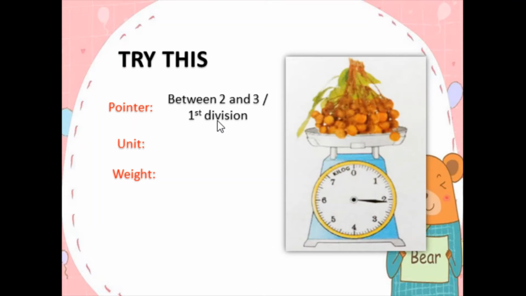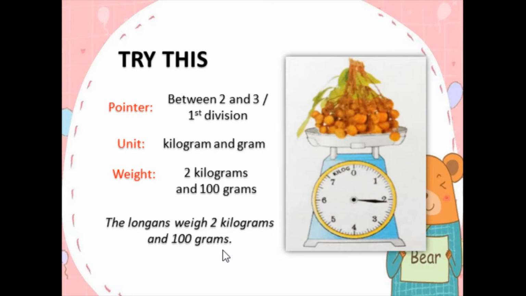Now, what unit are we going to use? Still, we are going to use kilogram and gram. What is the weight of our long guns? Okay, good job. 2 kilograms and 100 grams.